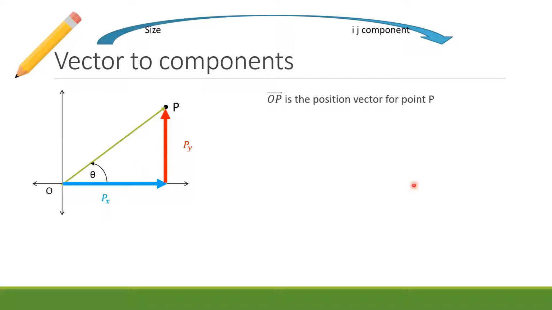So if we've got OP, what happens if I want to calculate one of those two components? How do I calculate the component of X? How do I calculate the component of Y? Someone want to give me a suggestion of what they think we might do to calculate components of X and Y?